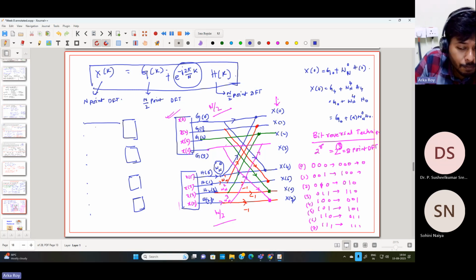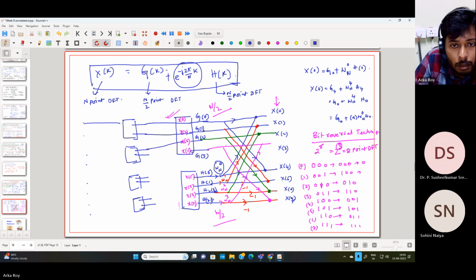So it would give me 2 of this over here, and we'll have similar butterfly structures over here, and over here also.